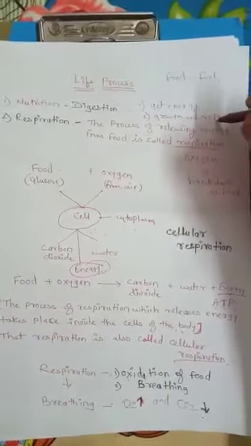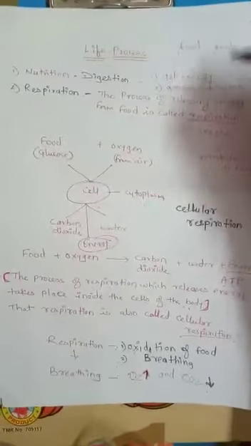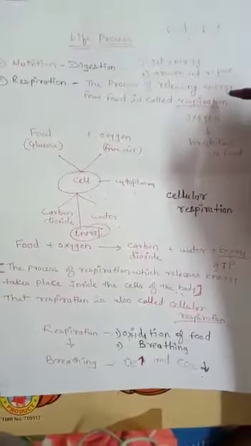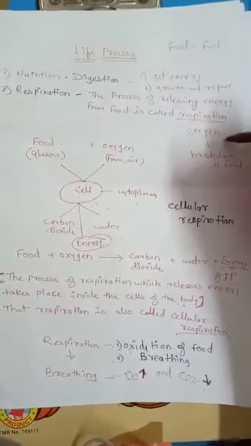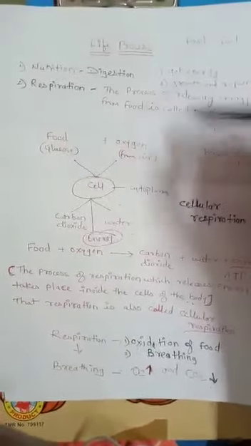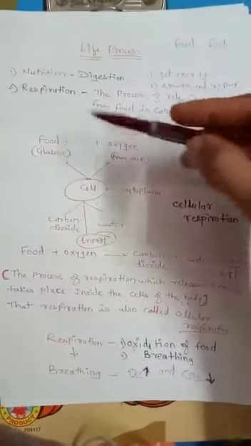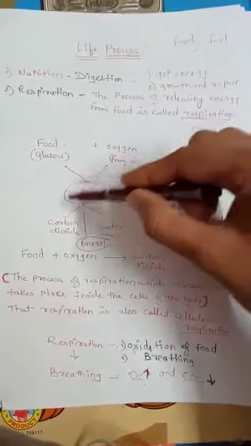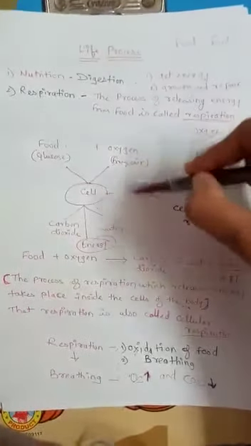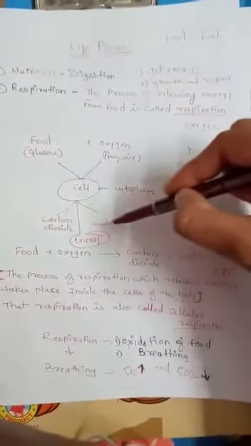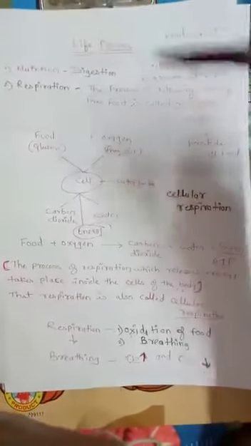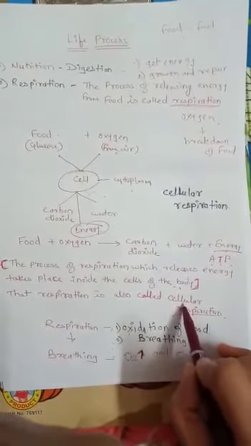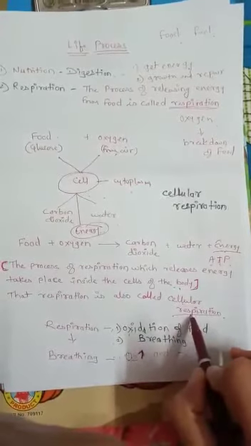The energy we are getting from the food is released when the food is broken down by oxygen. Diagrammatically, food and oxygen, all these carried out in the cytoplasm of the cell, will give carbon dioxide, water and lots of energy. All these processes are carried out in the cell, and hence respiration is also called cellular respiration.